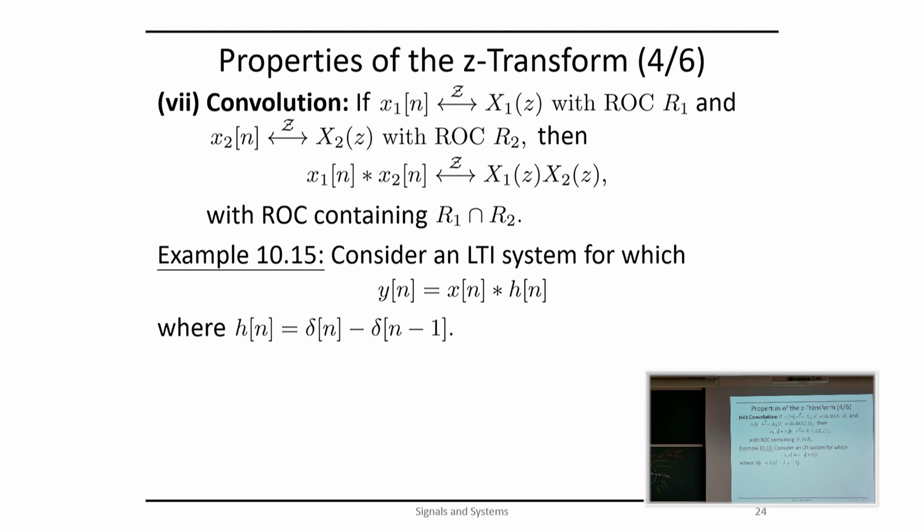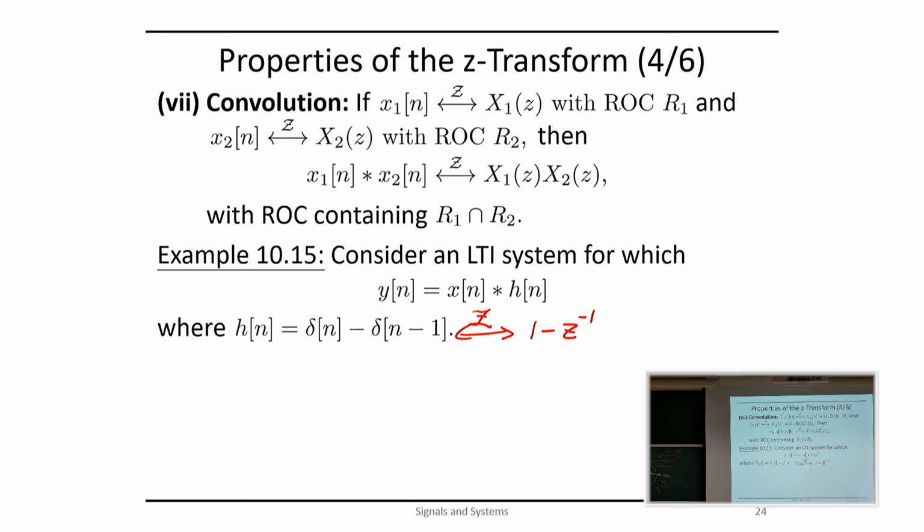We can look at this simple example here. Suppose the impulse response is just the summation of these two delta functions. In this case, we know the z transform is 1 minus z to the minus 1, because the z transform of delta is just 1, and the z transform of delta delayed by 1 is z to the minus 1.